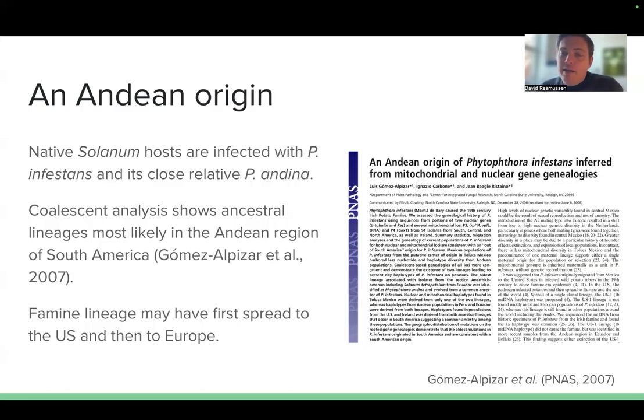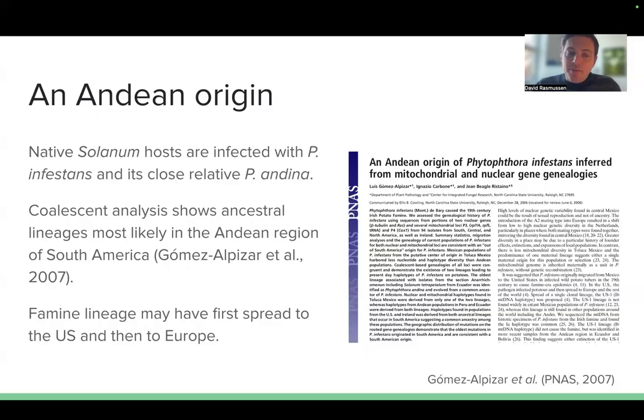Also, Gene Restano, who was in our Department of Entomology and Plant Pathology for many years, did this great genetic analysis in the mid 2000s where she sequenced both nuclear and mitochondrial genes of this pathogen, and reconstructed phylogenies or coalescent trees of these different genes, and then used those trees to reconstruct where the root location was of these different trees.